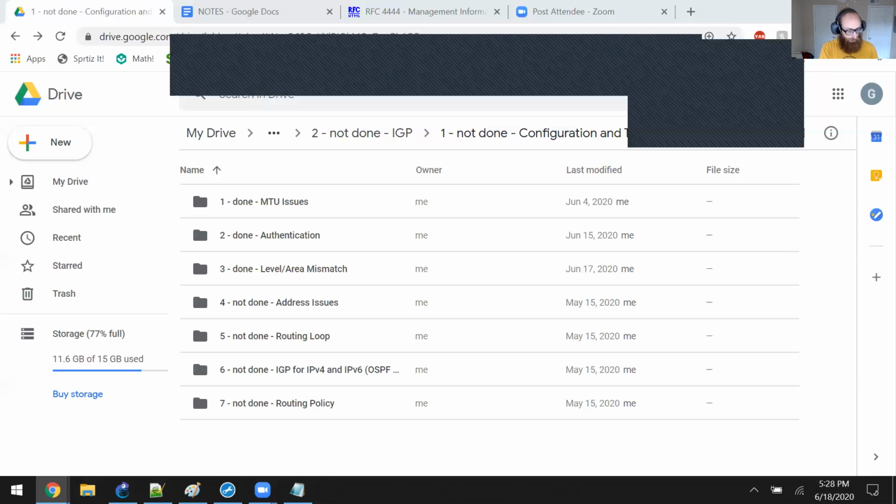Okay, so now let's try 4516. Okay, so hopefully these will trigger now.